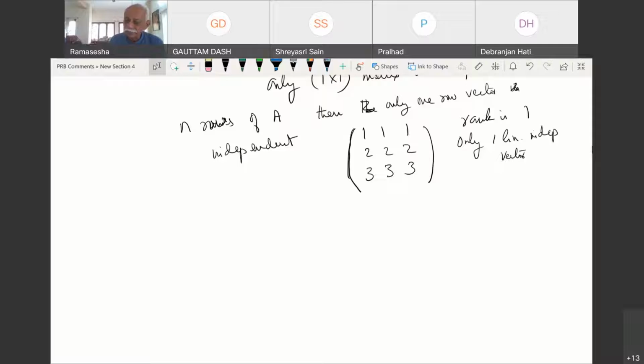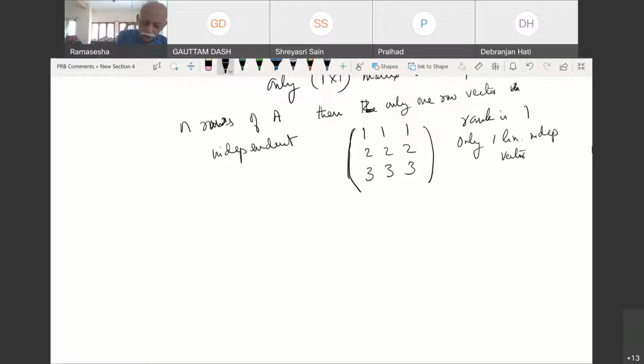Any submatrix you take which is greater than 1 will have a 0 eigenvalue. So any 2 by 2 submatrix you take here will have a 0 eigenvalue, or a 3 by 3 matrix has two 0 eigenvalues. Think about it, because it's not something too profound, but you have to convince yourself.